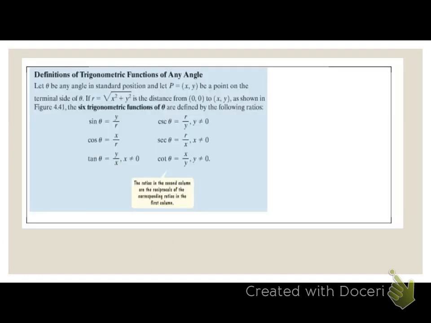Okay? The other thing that we want to do with this set of notes is remember back to before we got into the unit circle and how to find sine, cosine, tangent, cosecant, secant, and cotangent for an angle that has a point on its terminal side that does not correspond to the unit circle, right?